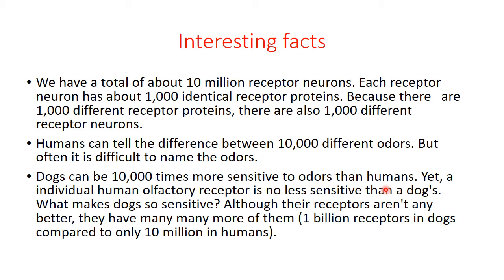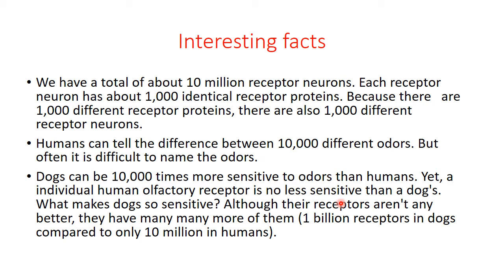An interesting fact is that dogs can be much more sensitive to odors than humans, about 10,000 times more sensitive. Each olfactory receptor neuron has the same sensitivity in the dog compared to a human.